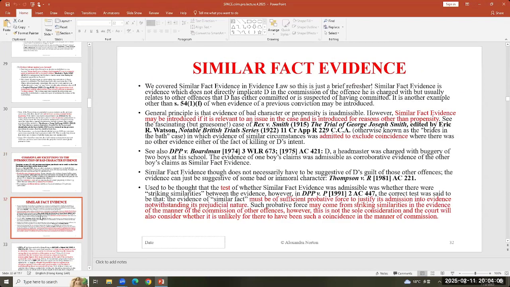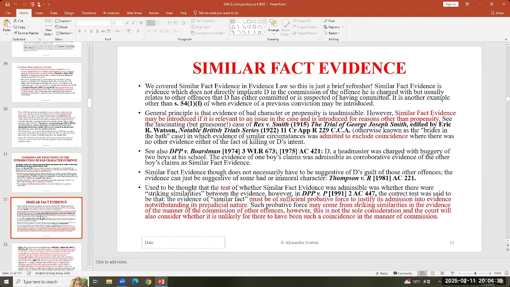So similar fact evidence was a concept that we struggled with, me too, because it's not easy to understand. But it is where usually the prosecution are seeking to introduce either the defendant's previous convictions or a pattern of bad behavior on his part as probative evidence of a fact in issue in the case.